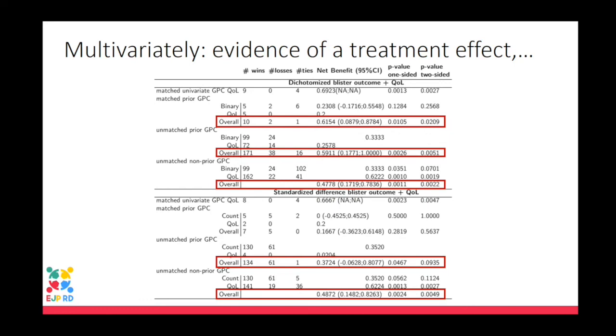So that is an additional benefit compared to other methodologies, which are sometimes more of a black box. There's one number coming out, and you don't know where that number comes from. Is that from the binary outcome? Is it from quality of life? The benefit of the GPC is that you can trace back from which outcome the overall result is coming.